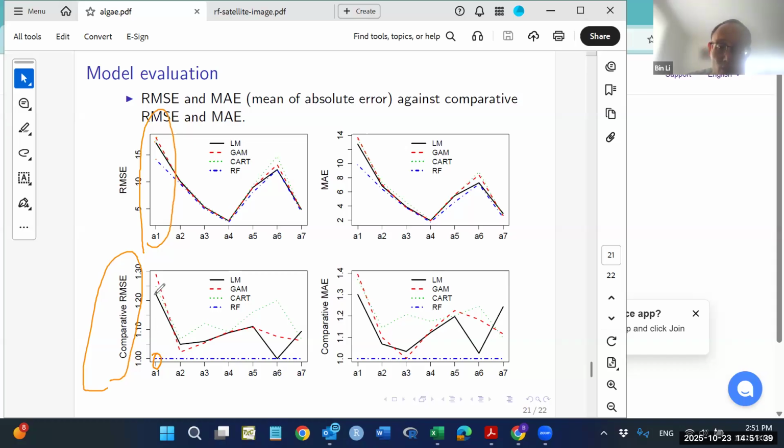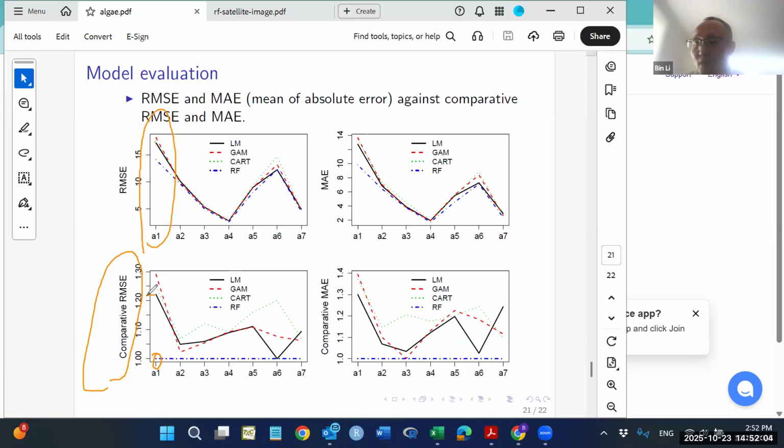So you can see the linear regression model is about 1.22. So that means what? Linear regression has about 22% higher RMSE compared to the random forest. So you can see we can easily interpret through the comparative RMSE.